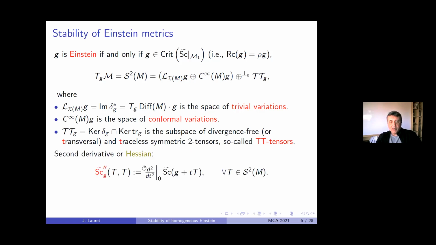So take the Hessian, or second derivative defined as in calculus, of the functional, and then ask for the signature. If it is positive definite, then you will get a local minimum, etc. Okay, that's the problem. So it's a calculus problem, but in an infinite dimensional space.